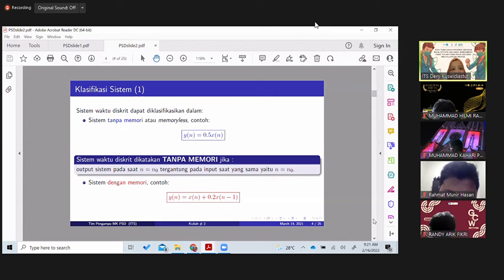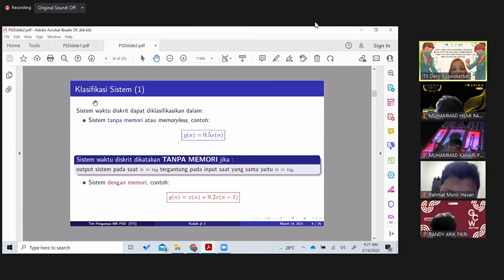And then for the classification of the systems, there are some parameters which will give a characteristic of the discrete time system.